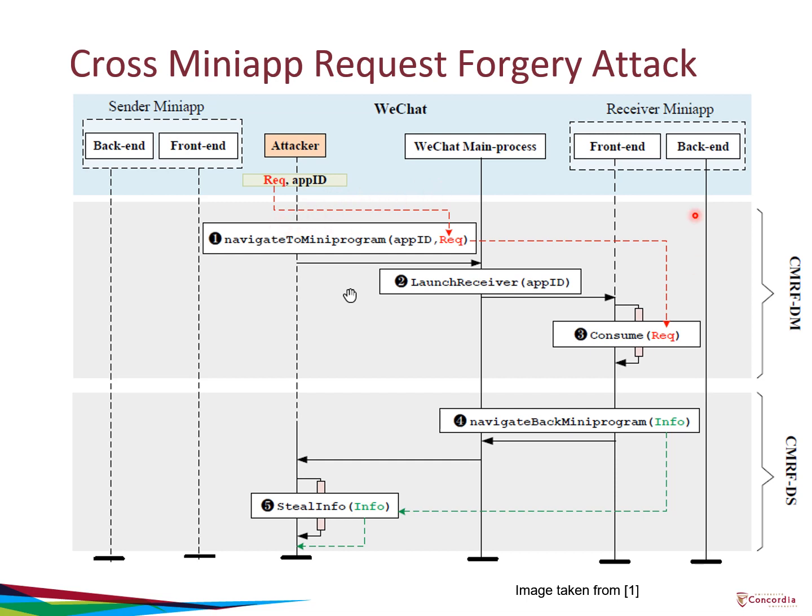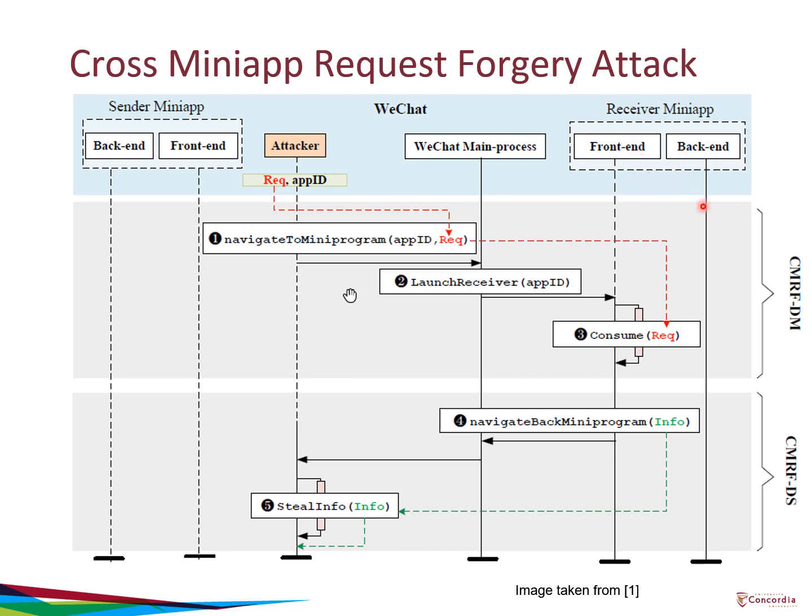To be more specific, we assume that an attacker runs a shopping Miniapp on his smartphone. The attacker first selects a product, then presses the purchase button. Then the shopping Miniapp will invoke the payment Miniapp, which will be the receiver, and wait for the payment to be completed. Everything worked fine up to this point.